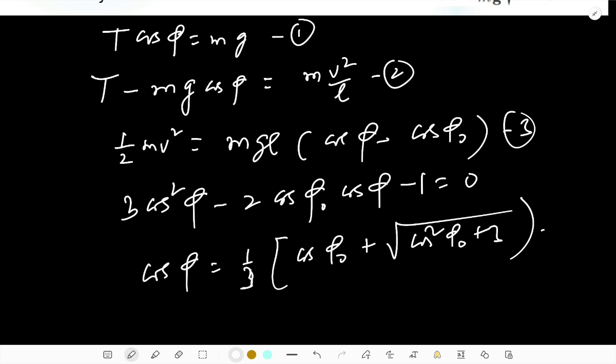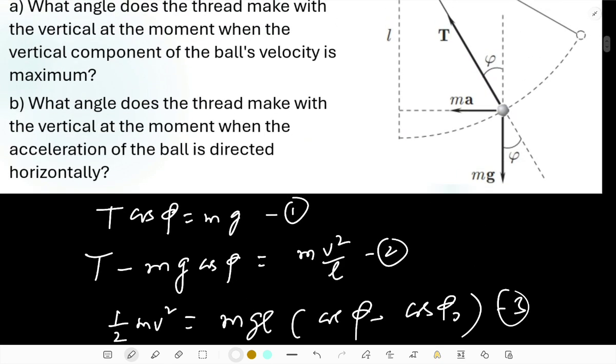However, we can do this in yet another way, but I'm not in the mood to do it, because the same result can be arrived at by simply examining the extremum of the vertical component of velocity, that is v sin phi. v is in this direction, so this is, of course, v sin phi, and we will get it as a function of cos phi.